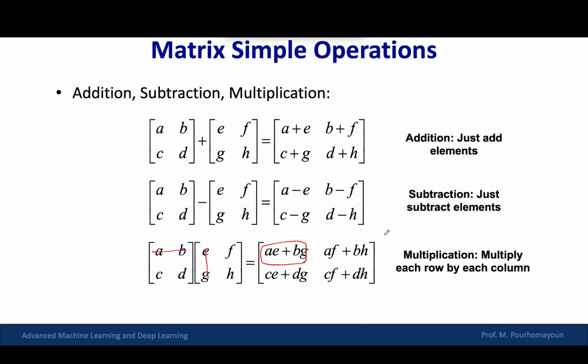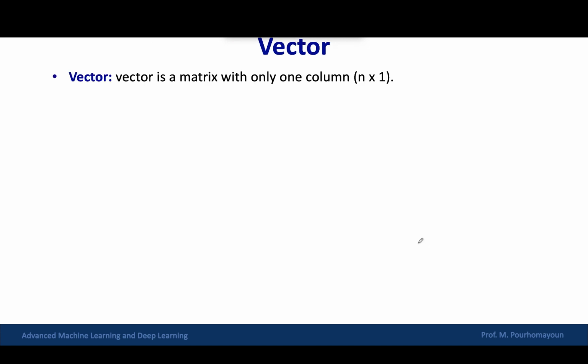So generally speaking, the element ij of the output will be the multiplication of row i of the first matrix element-wise by column j of the second matrix. Okay, so this is the idea. And this is the definition.